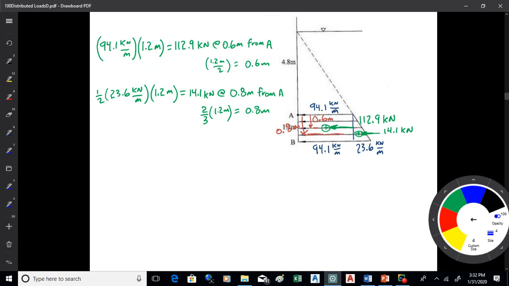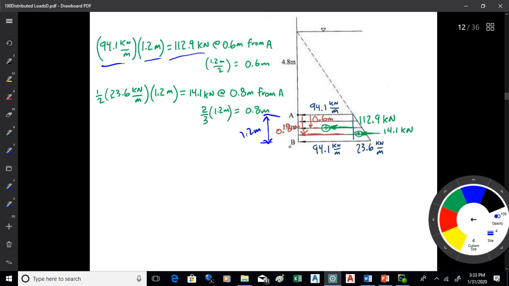So what I'm going to do is find the area of these load diagrams. I've got the 94.1, which acts over the 1.2 meters. That's the dimension right there. That'll get me the area of that rectangular diagram. We have 94.1 kilonewtons per meter times 1.2 meters.